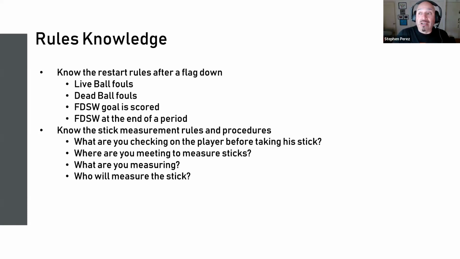If you are assigned as referee, what are you going to do? Are you going to delegate? Are you going to let everybody check their own stick? We're all supposed to have tape measures. If you don't have a tape measure, let somebody know that you can't measure sticks. What are you measuring? The head dimensions, know those, know your stick dimensions. I've never seen two people measure a long pole to see if it's 6 feet, but I don't know.